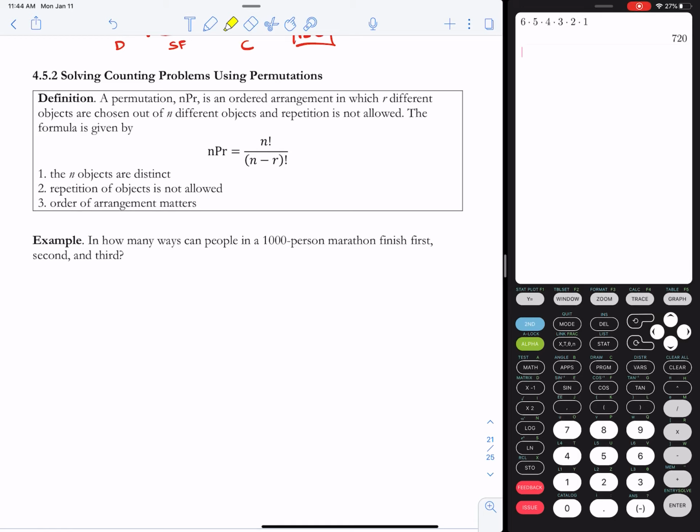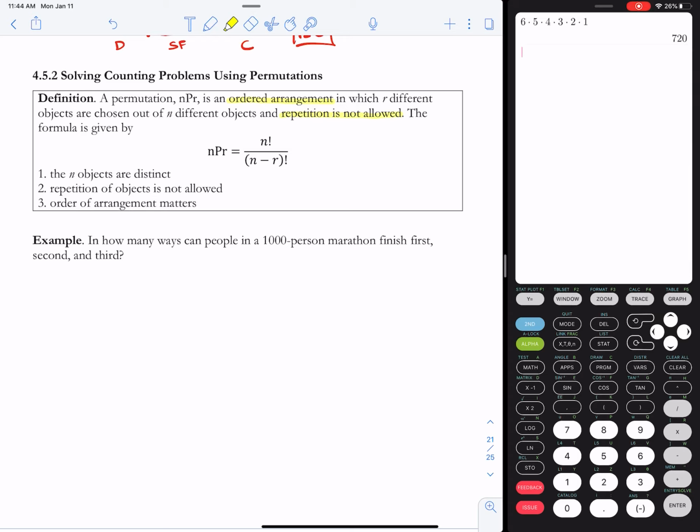The first one is order of arrangement matters. The second one is repetition is not allowed. So technically, through the examples that we already went over, we can utilize counting problems using permutations because there were a few examples in which repetition was specifically not allowed.